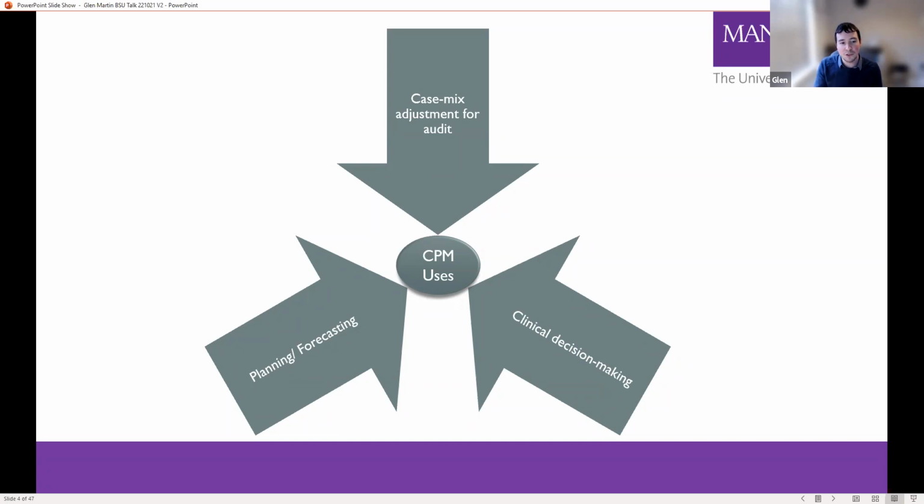And finally, we might use the prediction model for planning or forecasting. You can imagine an intensive care unit where we're trying to predict bed occupancy through time in such a way that we can plan our resources. And there are many other different uses of such a model.